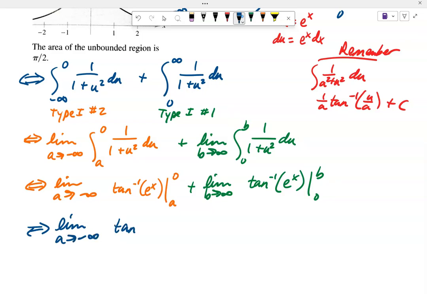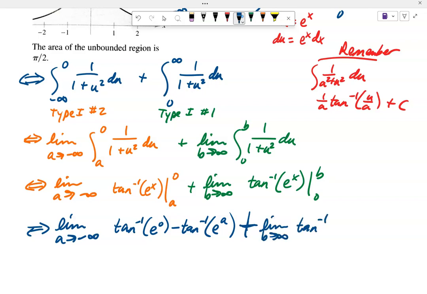So we've got arctangent of e to the 0 minus the arctangent of e to the a, and then plus, now let's do it over here, limit as b goes to infinity, arctangent of e to the b minus the arctangent of e to the 0.